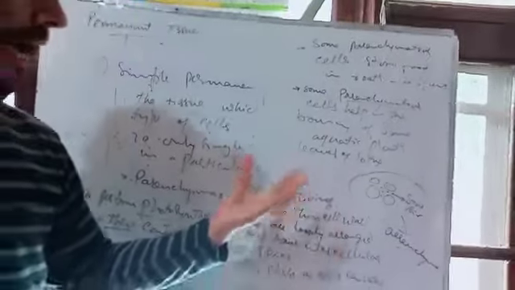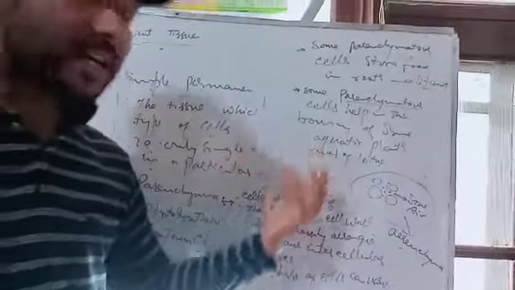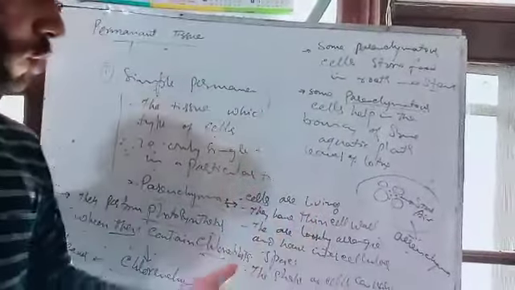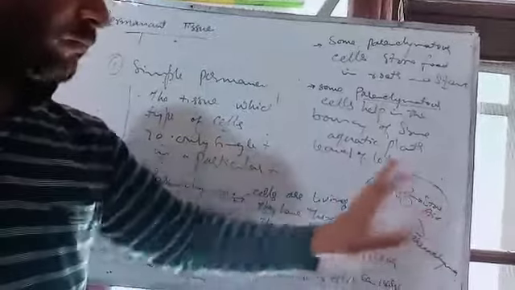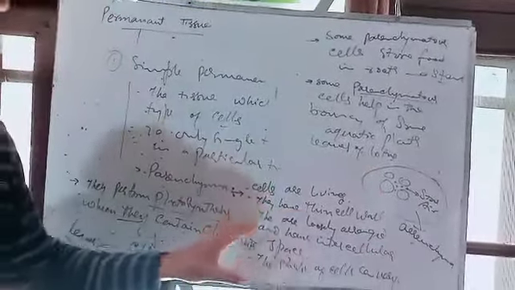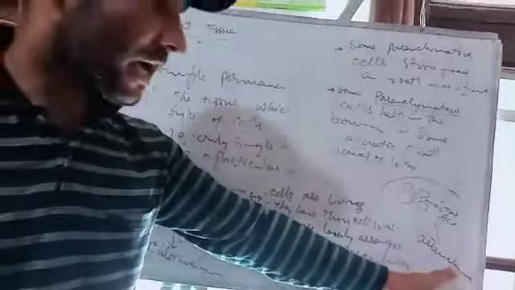Aerenchyma is a parenchymatous tissue which stores air for the buoyancy of the plant. In aquatic plants, it helps the plant float on the surface of water. They do not sink due to the presence of this air.